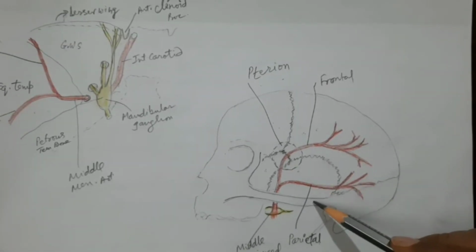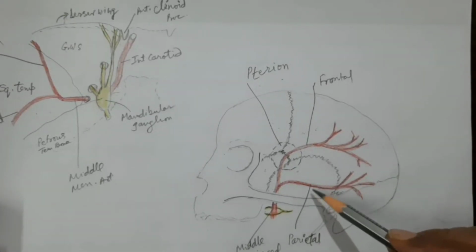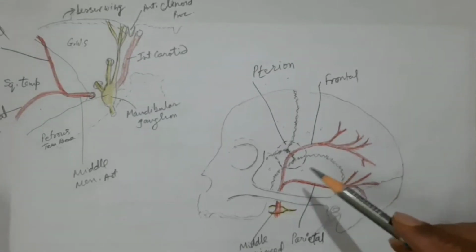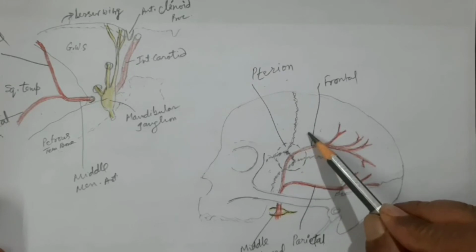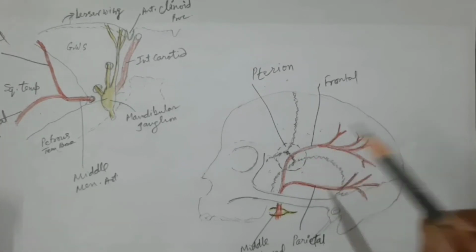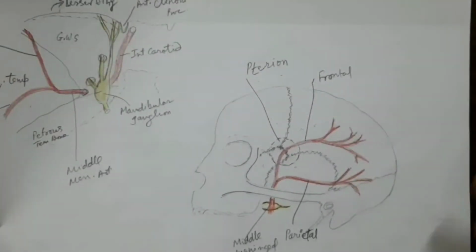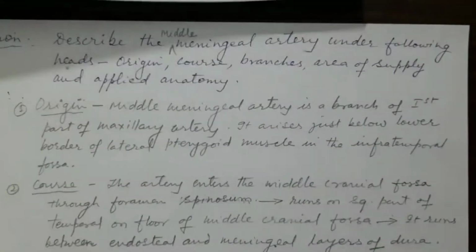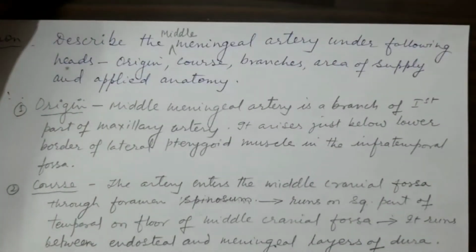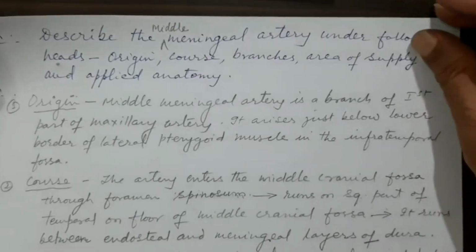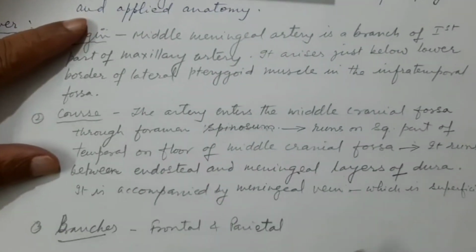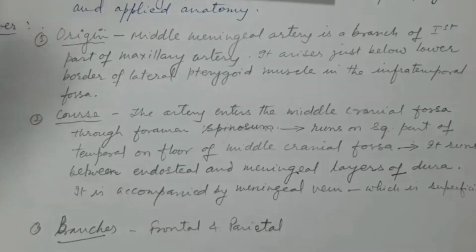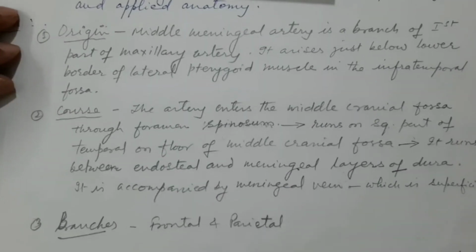This branch is above the zygomatic arch, and I have drawn it a little posteriorly, but it will go like this, in contact with the premotor area and motor area, that is area number 4 in front of the central sulcus. That is the frontal branch. Now let us come to the branches.